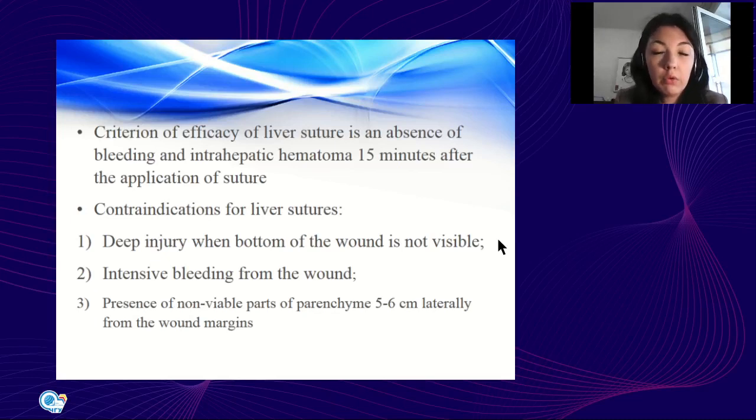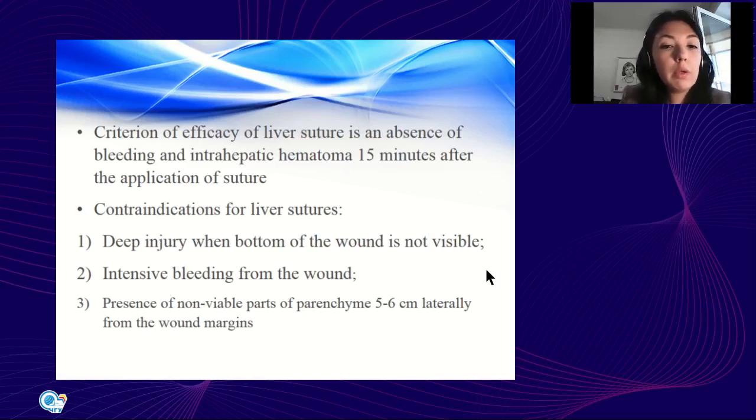In case you don't see the bottom of the wound, you should first perform resection, maybe marginal, to see the bottom. And only if you see the bottom, you will apply liver suture. Intensive bleeding from the wound is also a contraindication. You should stop bleeding first, or again, maybe perform resection and then apply a suture.